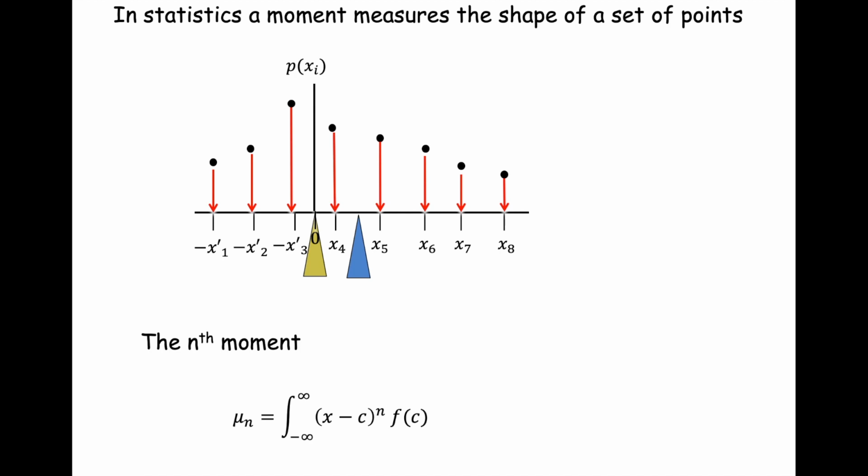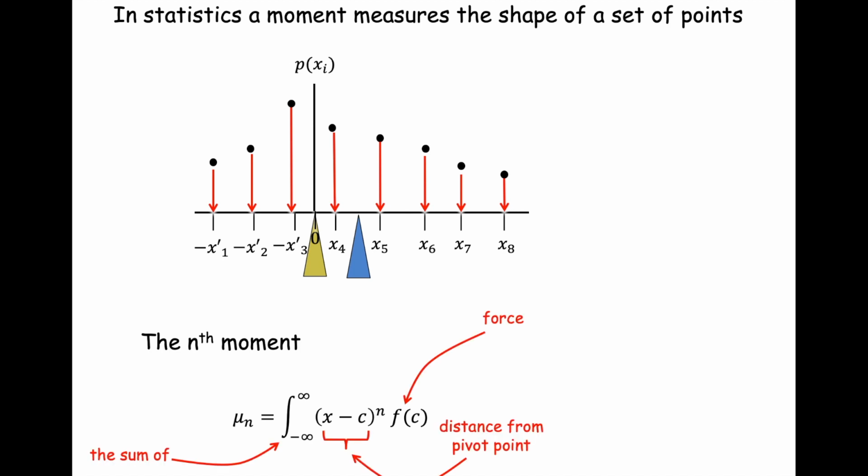So that is the distance, and now the force is the probability f of c, right? All right, so here we have the sum, which is encapsulated in this integral. We have distance from the pivot point, difference from the center. We raise that to the nth power for the nth moment, and then we multiply that times the force.